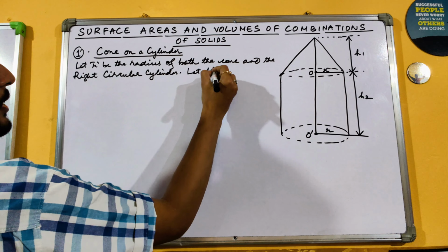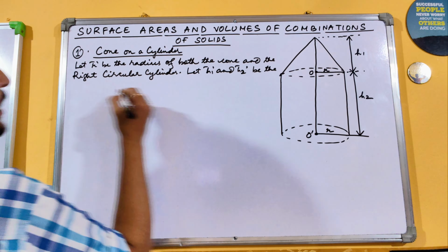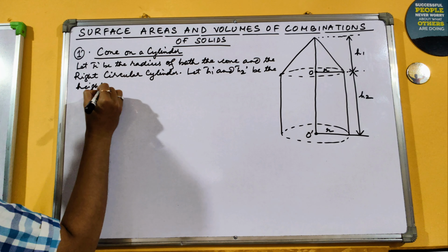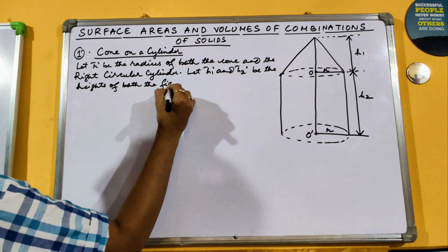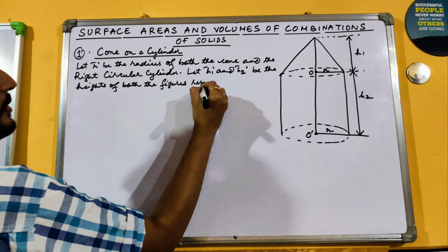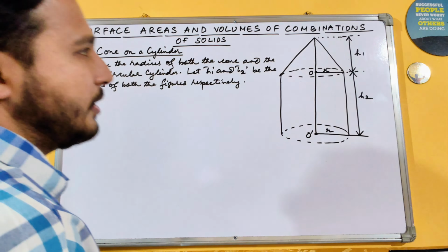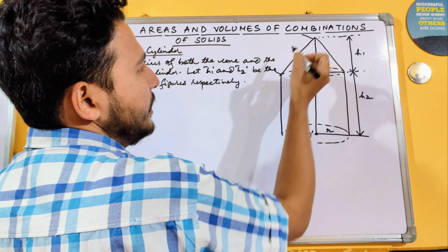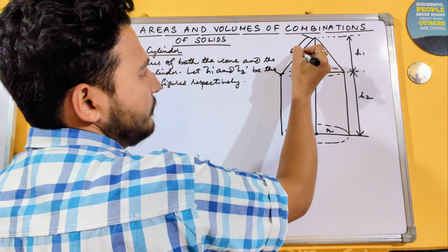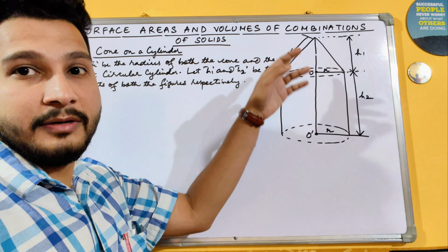Let h1 and h2 be the heights of both the figures respectively. Now a cone has a slant height. That means it has a slope. This one. So there's a name given to this, L. Slant height is always denoted by L.